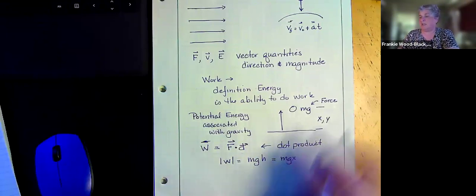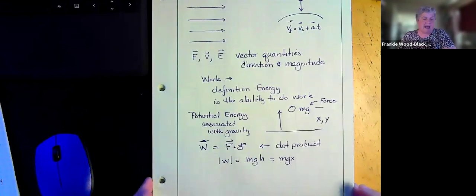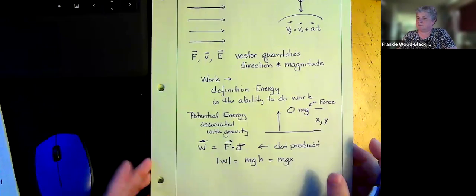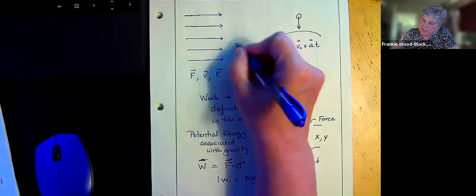So energy was a state function. It didn't matter where I was or how I was getting there. So what's kind of interesting is if I'm looking at this system here, we can look at potential energy.